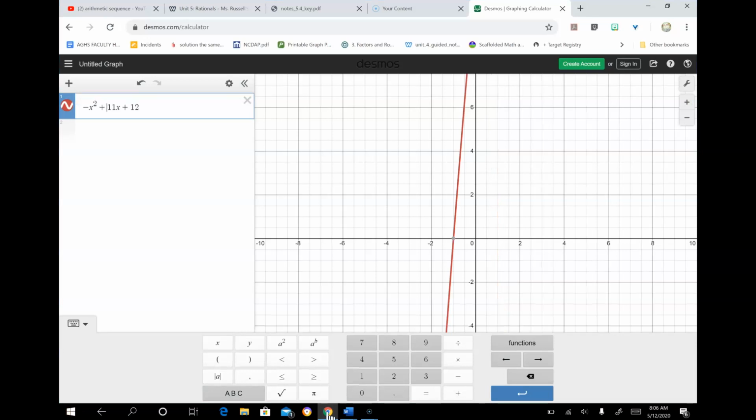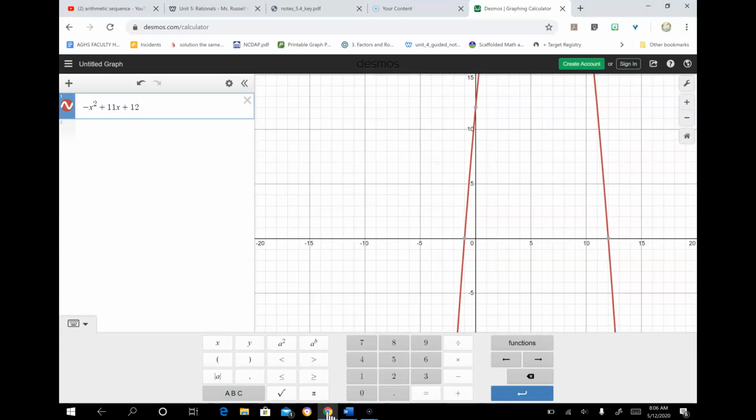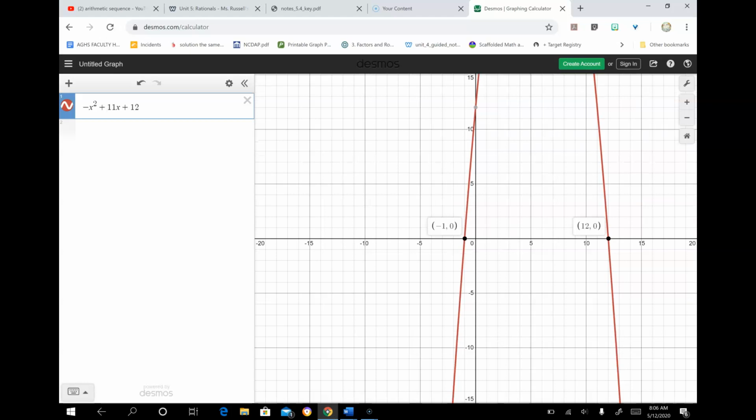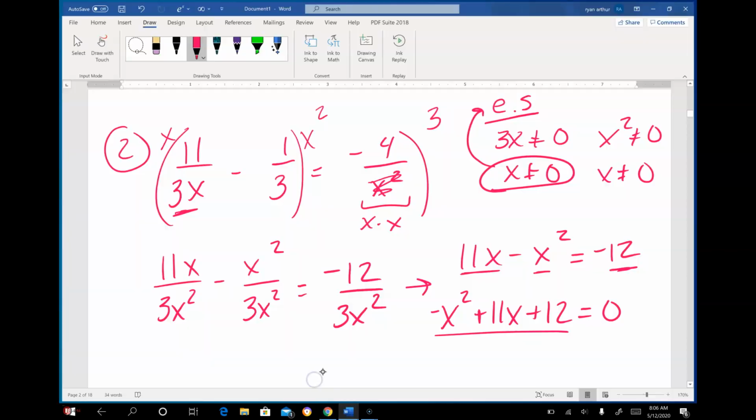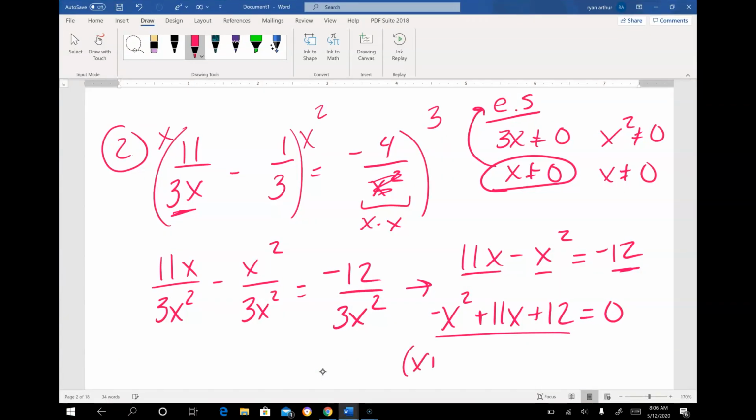Alright, so I'm going to zoom out. Then we factor by seeing where it crosses. So it crosses at negative 1 and 12. So that is going to be x plus 1, x minus 12. Okay. Now you're actually solving.